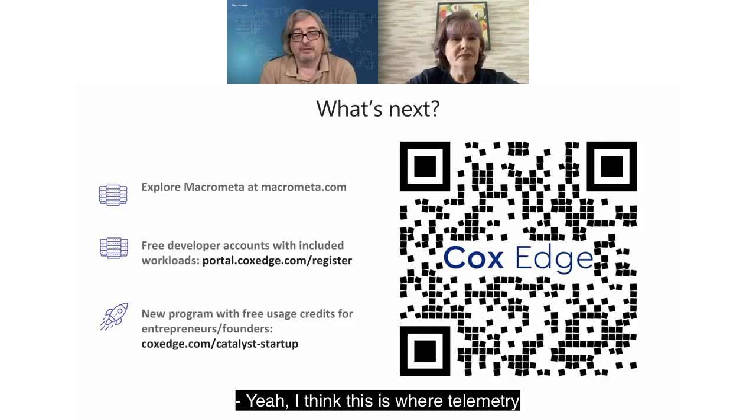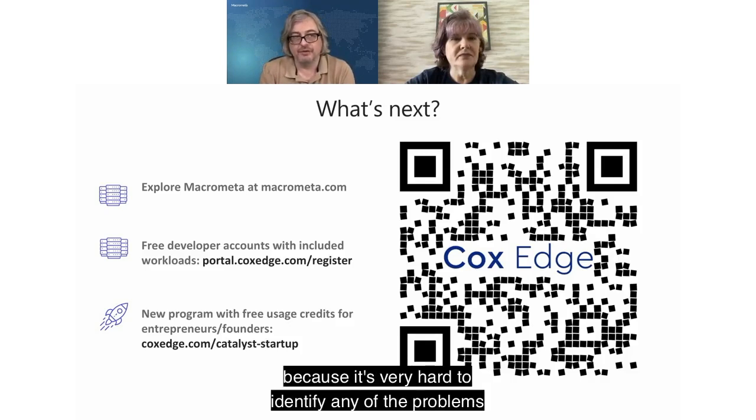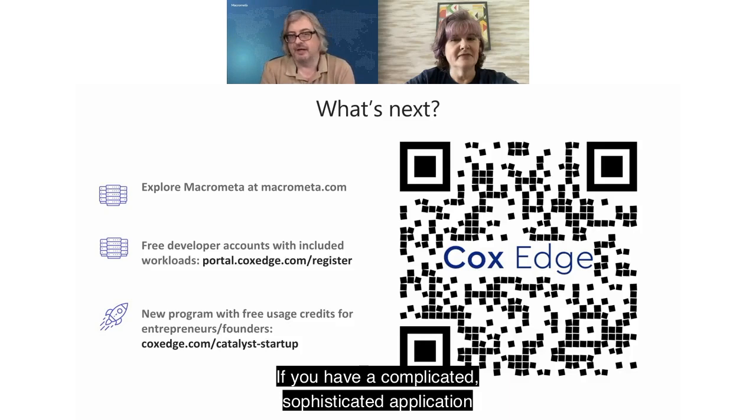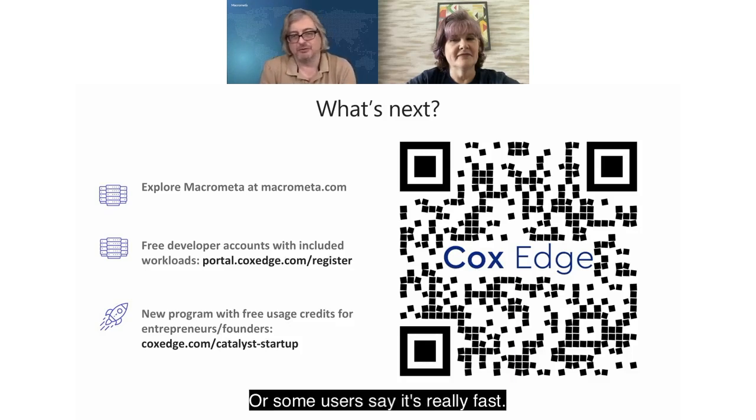Yeah, I think this is where telemetry and instrumentation comes in, because it's very hard to identify any of the problems that we discussed today if you don't have the data that's going to show you those problems. So that's where I would focus first. If you have a complicated, sophisticated application that you've already built and you're getting sort of intermittent complaints from users, oh, this is slow, but then you go check it and it seems fine to you, or some users say it's really fast, some say it's really slow.